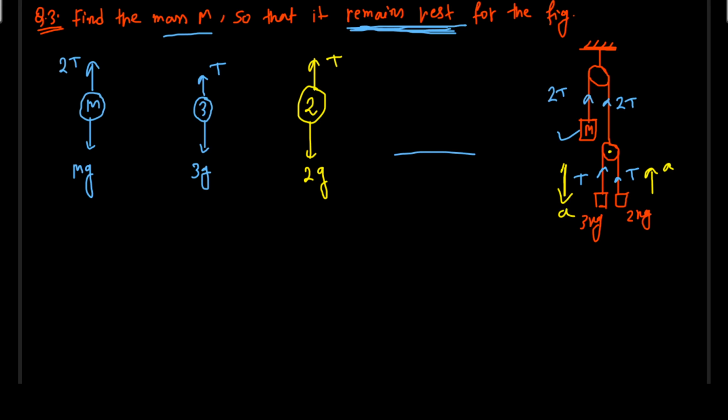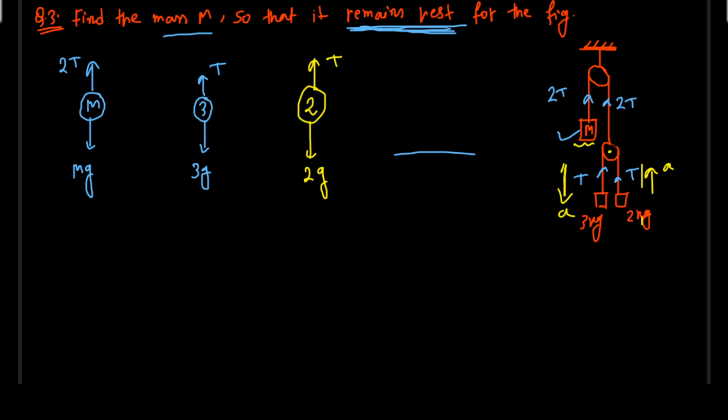Let me take this acceleration as a. Between these two blocks, they can slide through the pulley, but the second pulley itself is at rest. This is the condition: if the capital mass M is at rest, then the second pulley should be at rest.